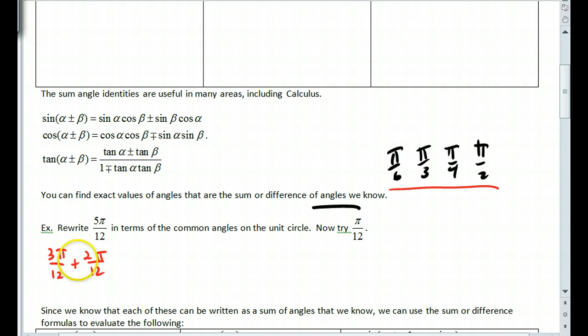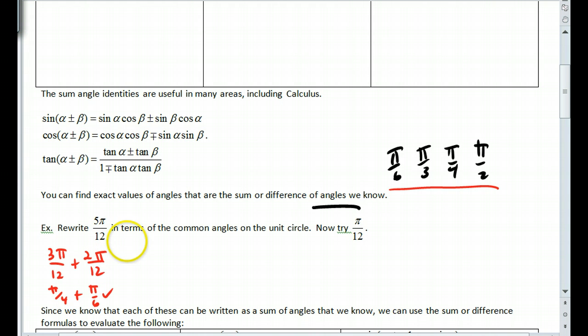Now, when I reduce these, are these two of the nicey nice angles that we've had before? Well, this is pi over 4, and this is pi over 6. Sure enough, that's something that I've had from up here before. So I could use these two to rewrite and use the sum angle identities in order to find the sine and cosine of something that's divided by 12.